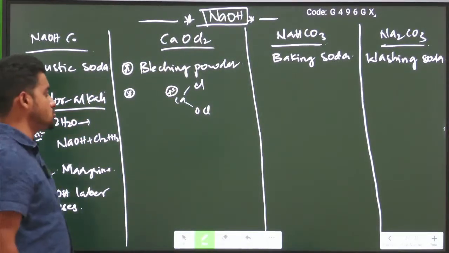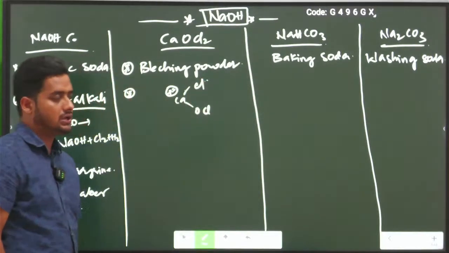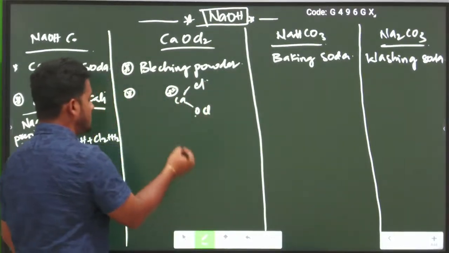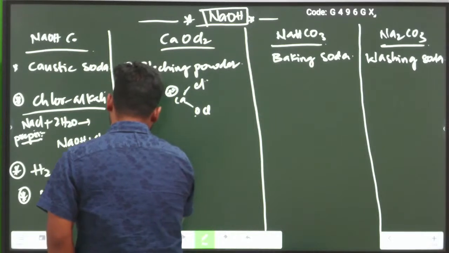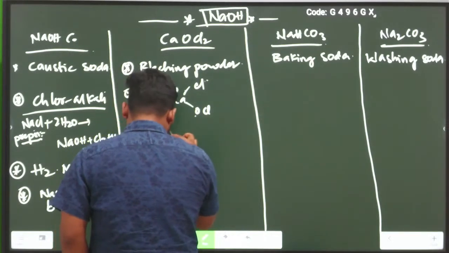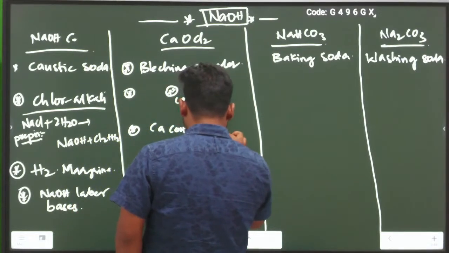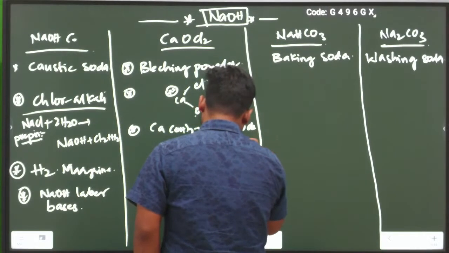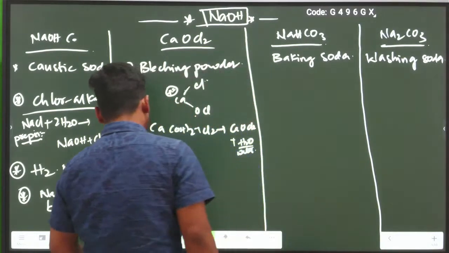And this Ca2+ gives 1 electron to chlorine and 1 electron to oxygen, forming CaOCl. And this preparative method, if you take, is Ca(OH)2 plus Cl2 gives rise to CaOCl2 plus water. So it is bleaching powder.